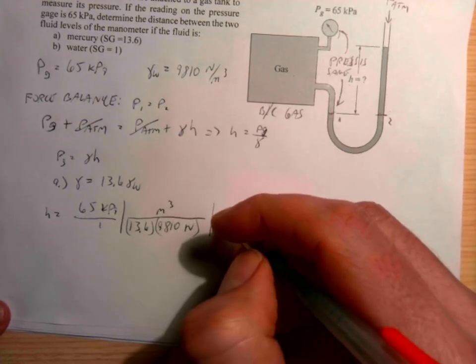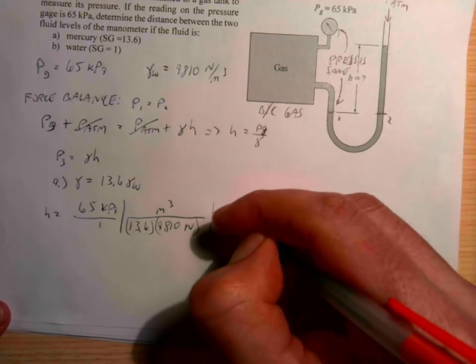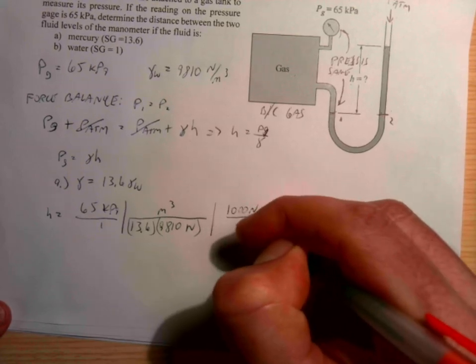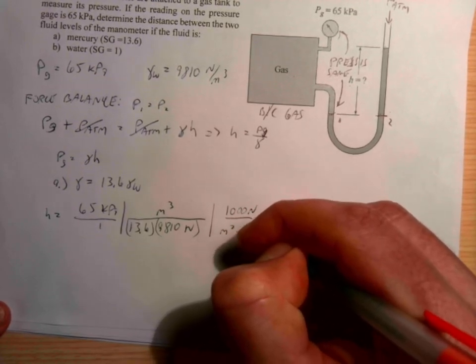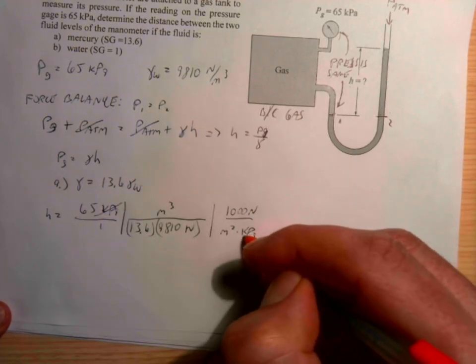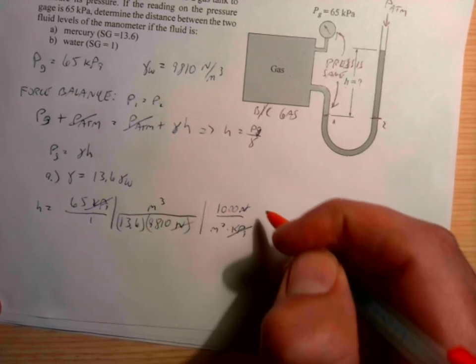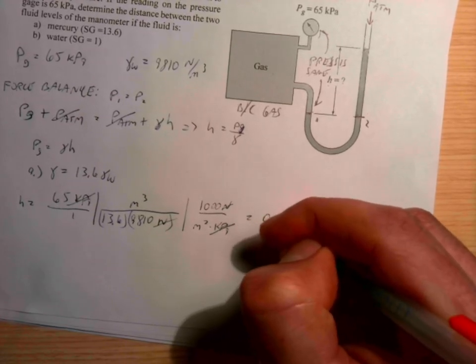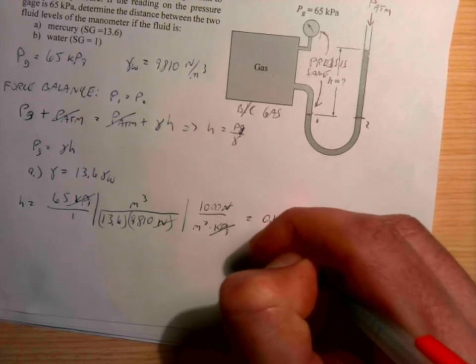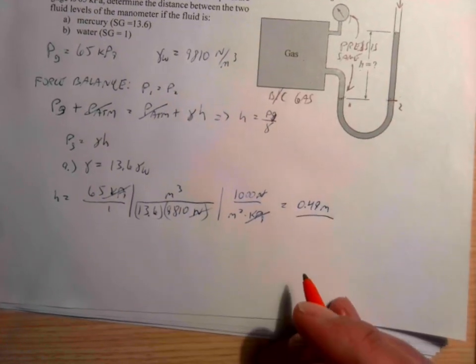And so a kilopascal, remember a pascal is a newton per square meter, and so that means that 1,000 newtons per square meter is equal to 1 kilopascal. So this is just multiplying by 1, and that gives us units of meters here for the height, and we get 0.49 meters that it will rise if this fluid is mercury. Okay.